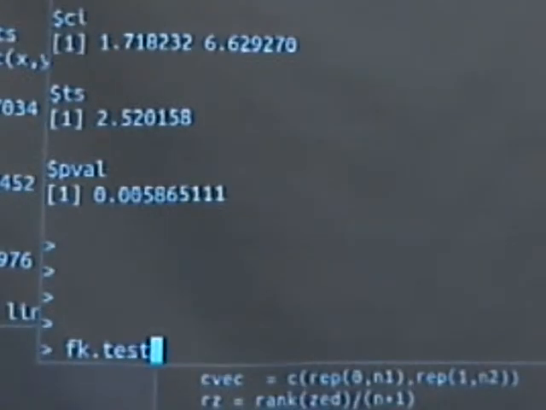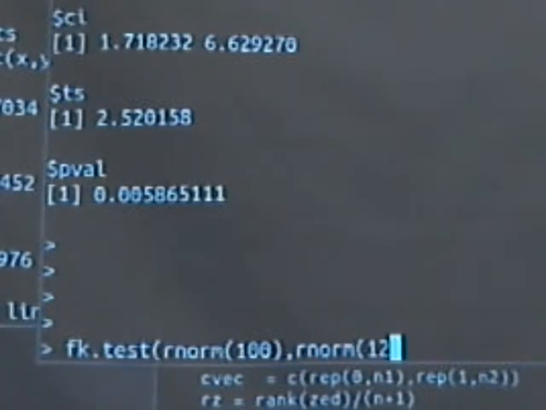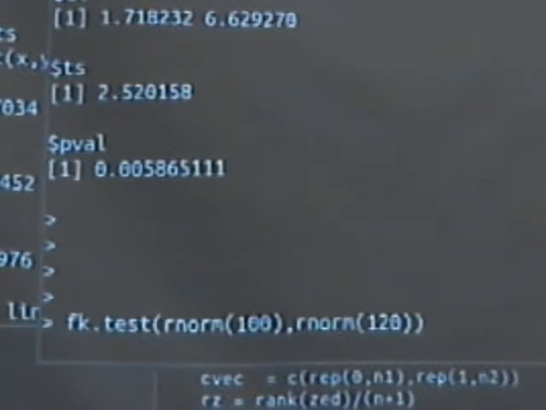Test, and then we'll just have 100 normals for the X's and, I don't know, 120 normals for the Y's. These would be normal 0, 1, so the scale should be the same. And just do a two-sided test.